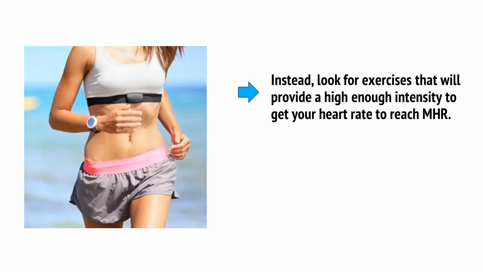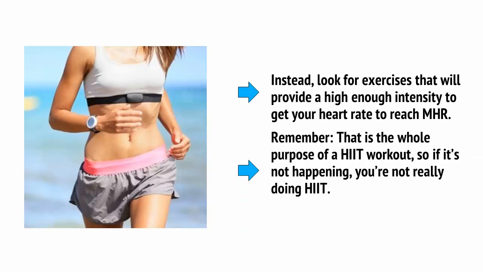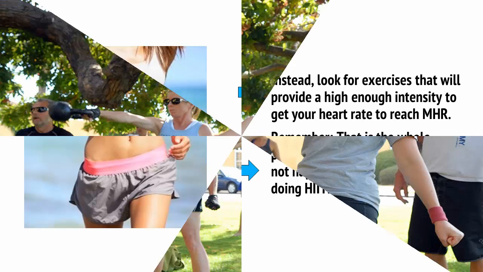Instead, look for exercises that will provide a high enough intensity to get your heart rate to reach MHR. Remember, this is the whole purpose of an HIIT workout, so if it's not happening, you're not really doing HIIT.